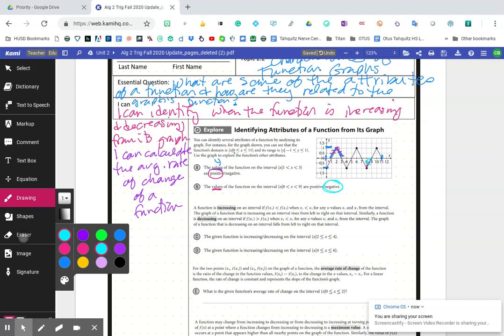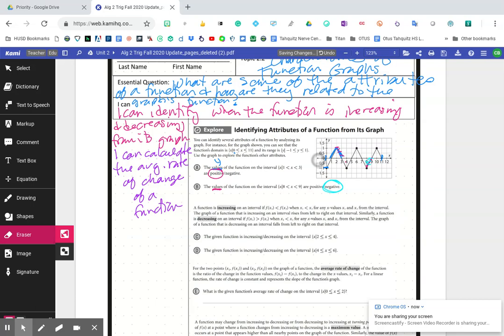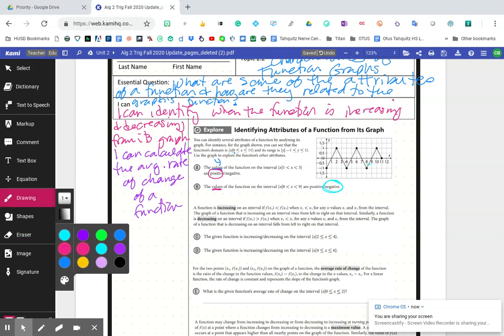Then they're asking us, and I'm going to go ahead and erase on my graph here because I'm going to have other stuff to scribble on there. A function is increasing. Okay, this is kind of crazy math notation. If on the interval, f of x sub 1 is less than f of x sub 2 when x sub 1 is less than x sub 2.